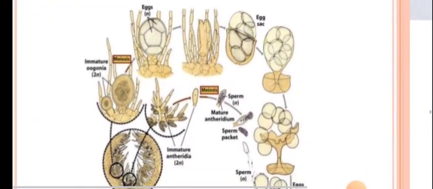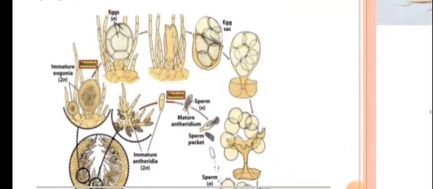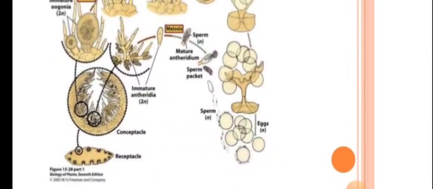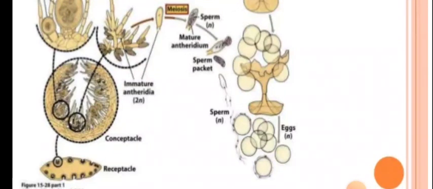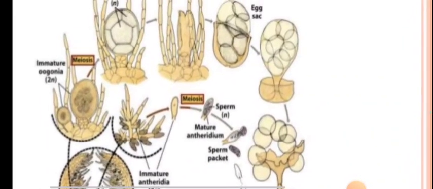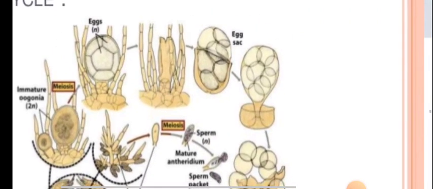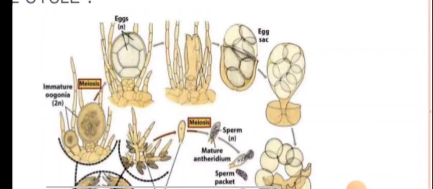life cycle. So here you observe that the conceptacle or the thallus is there, and this thallus gives the conceptacle, male and female conceptacle. The male gives antheridia, the female gives eggs in the oogonia, right?